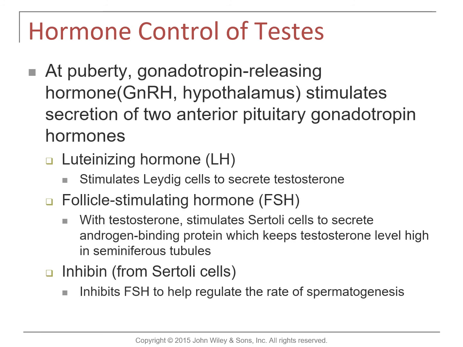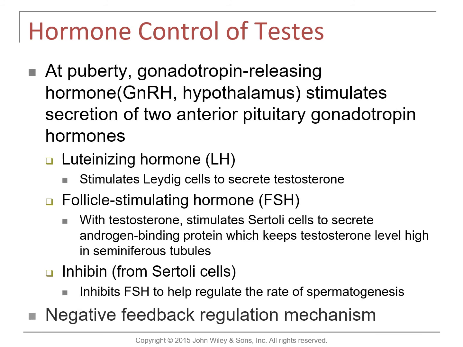All right, let's now consider the hormones that are responsible for spermatogenesis, as well as the development and features of male reproductive structures. At puberty, levels of gonadotropin-releasing hormone, or GnRH, from the hypothalamus peak, and these high levels of GnRH stimulate the anterior pituitary gland to release two gonadotropin hormones.